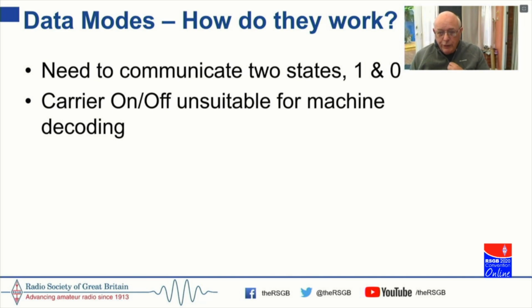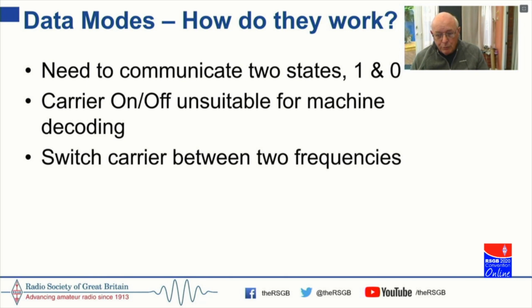And on-off keying is really difficult for a machine to handle, because as the signal gets weaker, it's very difficult for a computer to differentiate between noise and a very low-level tone. So it's not really practical. You would have seen from Morse decoding programs that up until fairly recently, it's been really difficult to get a good software Morse decoding program, and it's for that reason.